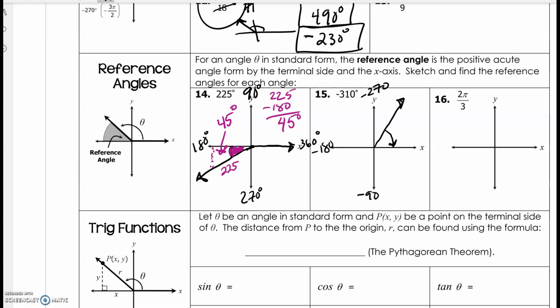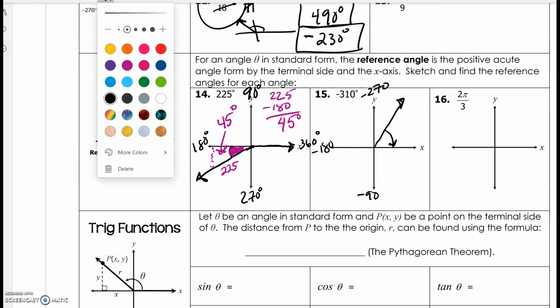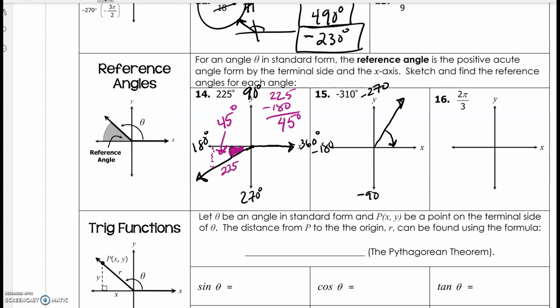So this time it's a little tricky because I'm not going to subtract. I'm just going to think, well, what is my coterminal angle? Well, my positive coterminal angle is 360 plus negative 310. So this right here is what I'm looking for.